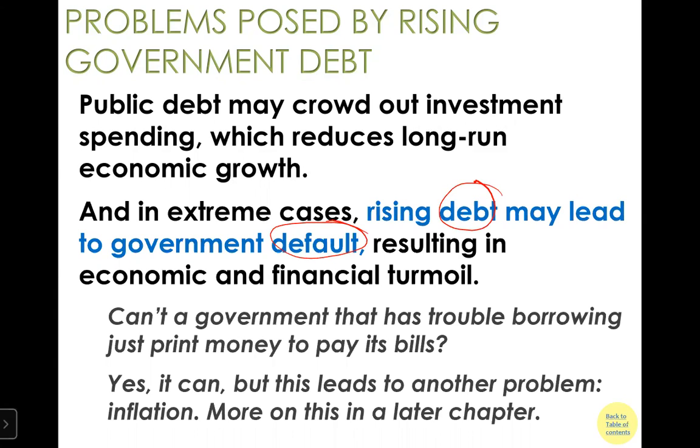Essentially, the government fails to make a payment on the debt obligation they're supposed to make. If that is the case, that's going to result in economic and financial turmoil, or a collapse in the financial market. So that is going to reduce long-run economic growth. That is one of the main reasons why most economists worry about the ever-increasing public debt.